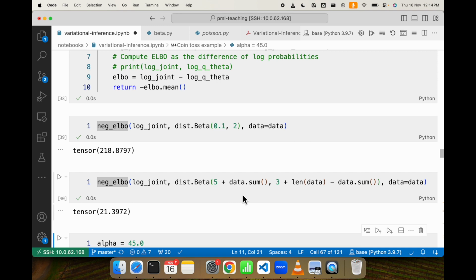The goal is to minimize negative ELBO. Second one, and why does it make sense? Because those are the parameters that correspond to the true posterior, right? So this is as good as you can get.